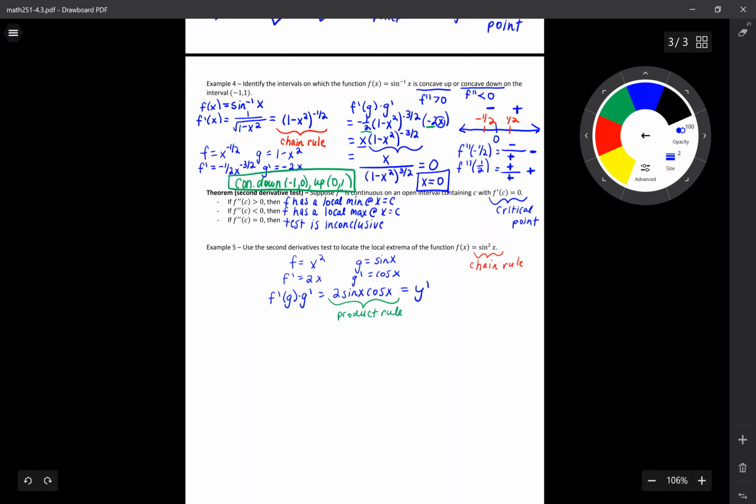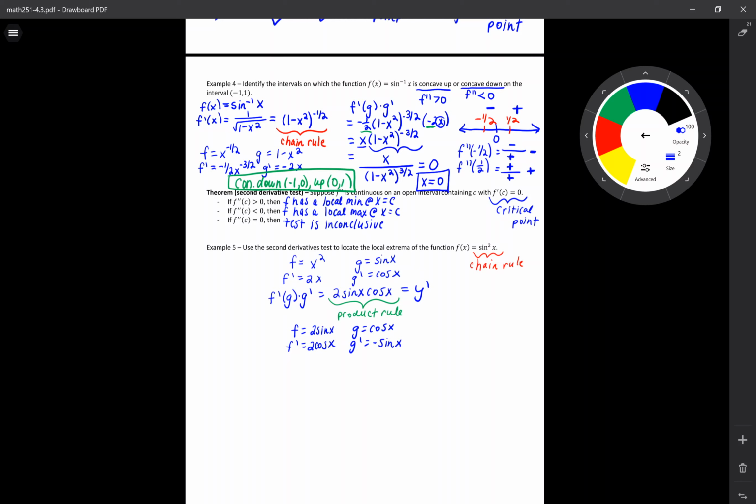So the product rule tells me I'm going to have my first function 2 sine of x and my second function cosine of x, that means f prime will equal 2 cosine of x, and g prime will equal negative sine of x.